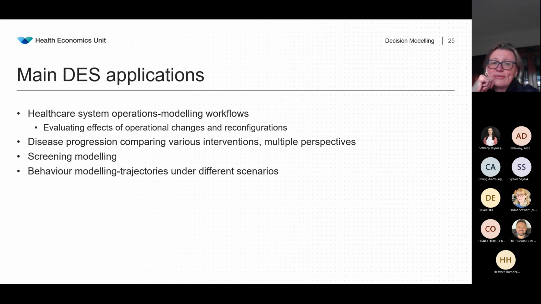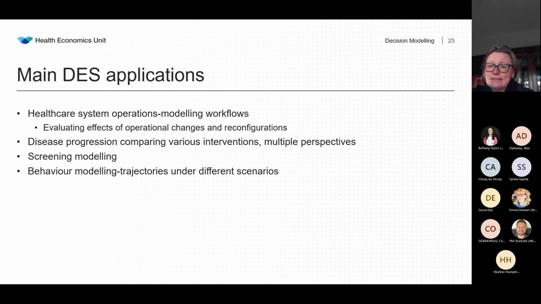In disease progression, where you have various interventions and you want to look at, okay, what impact would this intervention have at an ICS level, or what about an NHS perspective, or what if we look at, as I said earlier today, NHS and a societal perspective. They're also used in screening.